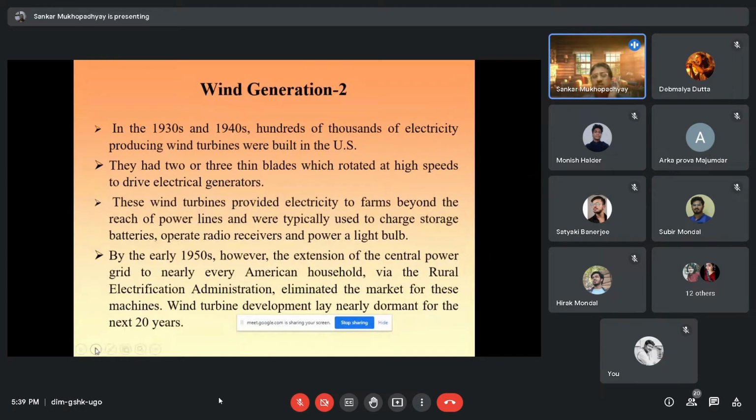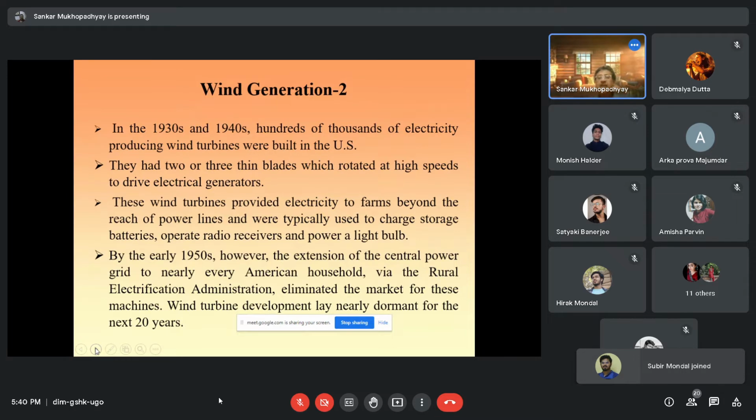So they used wind turbines as a form of generation of electricity, and they used this electricity for different farms beyond the power lines, where the power lines couldn't reach. They were typically used to charge storage batteries, radio receivers, because that was a communication medium at that time, and power a light bulb.